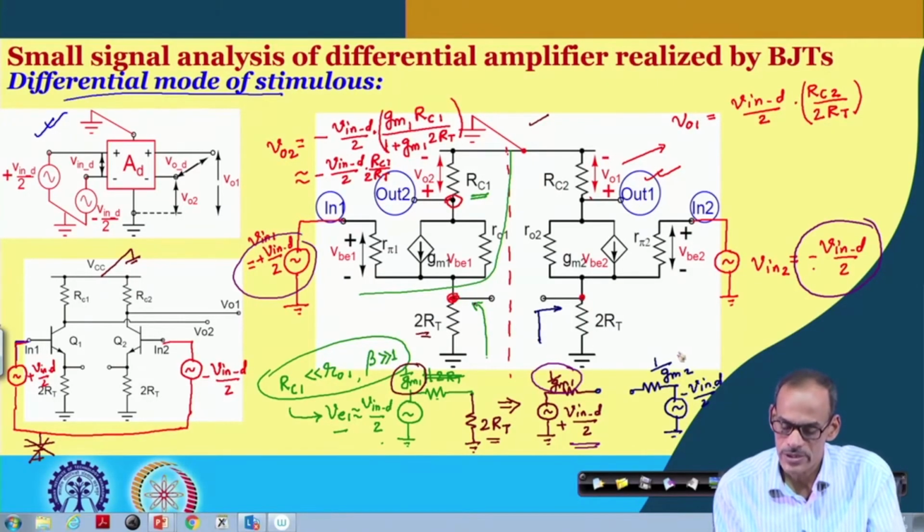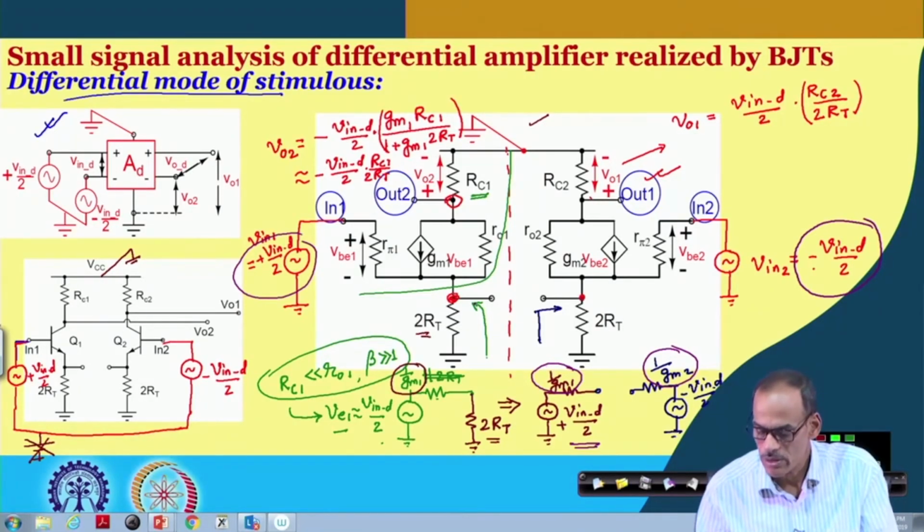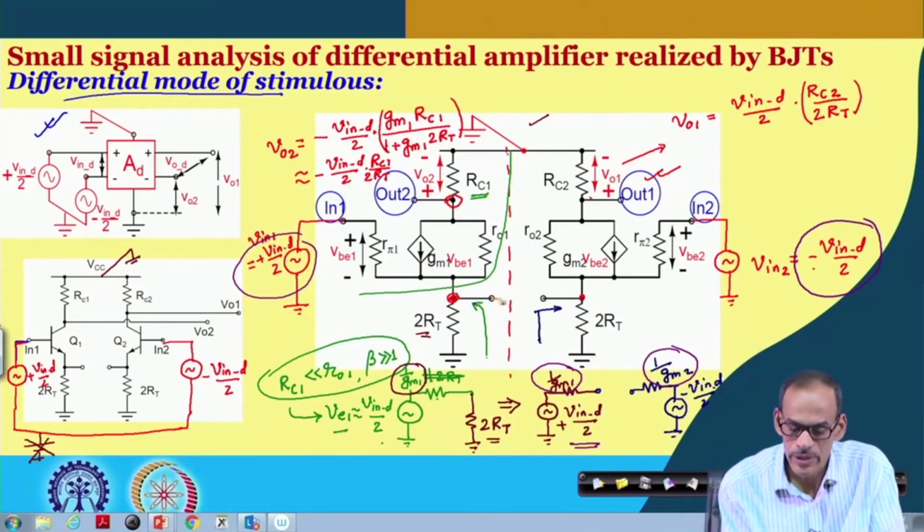Their Thevenin equivalent impedances are also equal. So if we connect them, then the signal here will be 0. As a result, here we can consider this as ground.